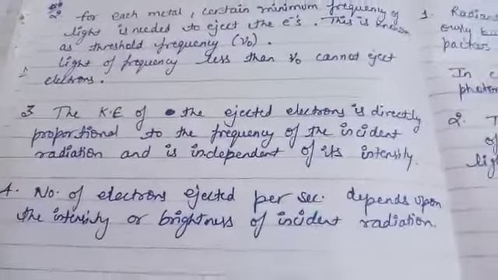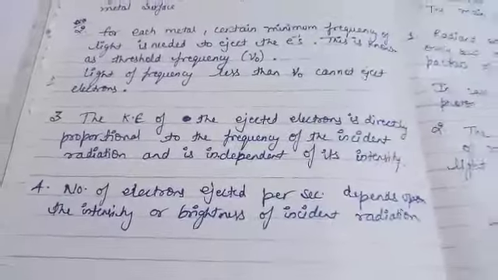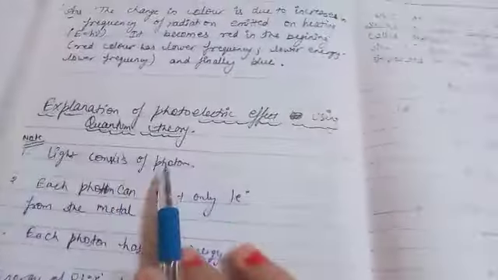Now next thing is actually that photoelectric effect is again explained on the basis of quantum theory also. Okay, now according to that one, simple, it's an explanation of photoelectric effect using quantum theory.